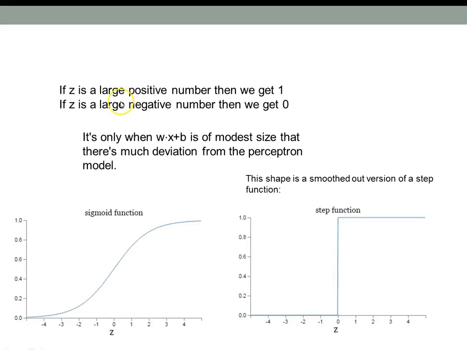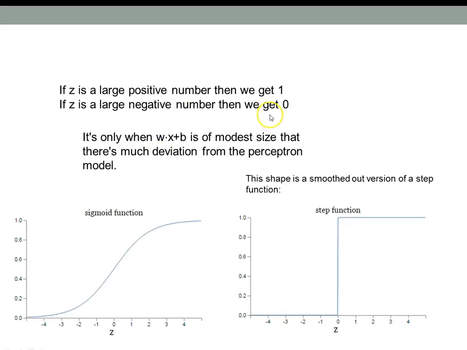Also, a few other observations: if z is a large positive number, that is, if the input is large positive, way out here, then this is going to be close to 1. That's good, because it was the same thing with the step function. When we get a large number here, we get 1. When we get a small number, we get 0. So it conforms to that, or is similar to that.